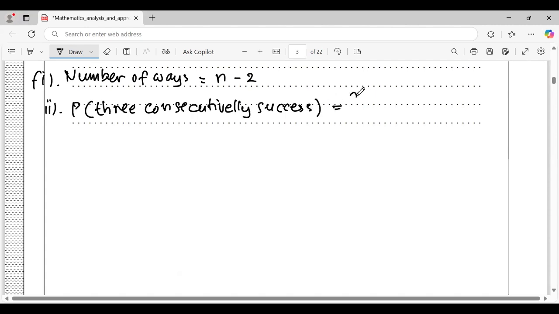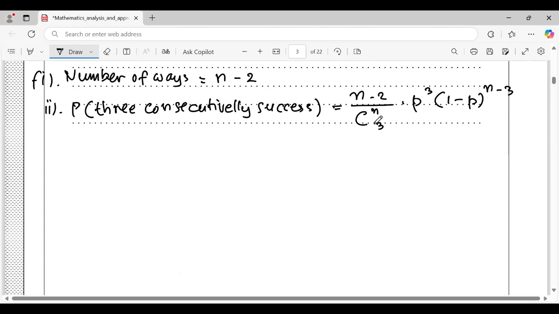It is n minus 2 divided by combination n 3 times p cubed 1 minus p power n minus 3. Right.